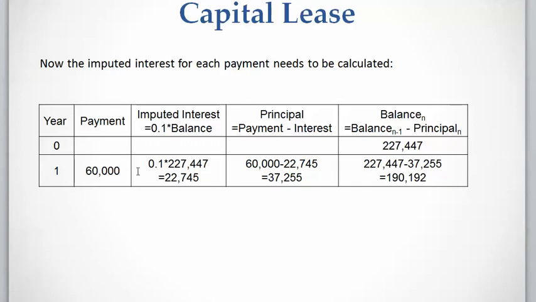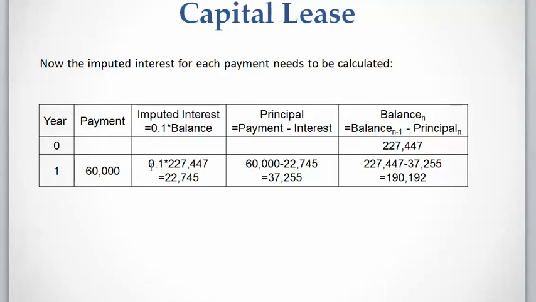In order to calculate the interest portion of this $60,000, we need to multiply the lease interest rate, which was 10%, by the balance of the previous year, which was $227,447.